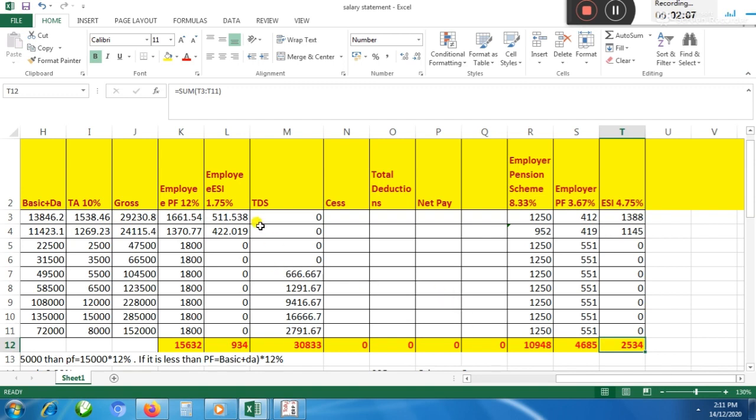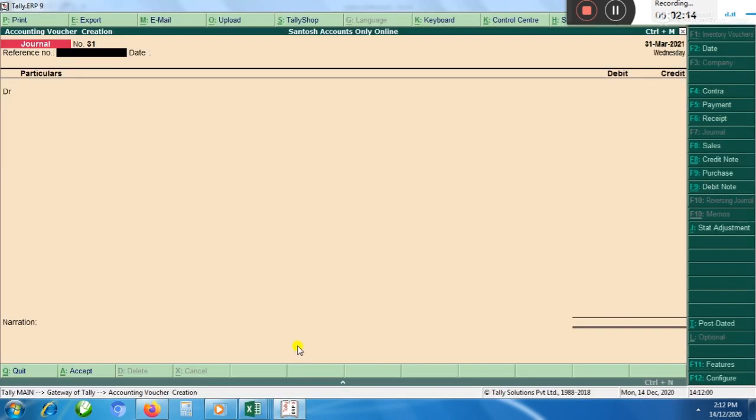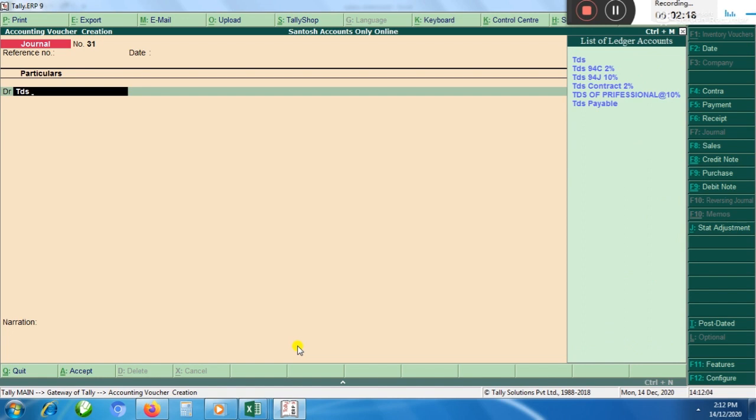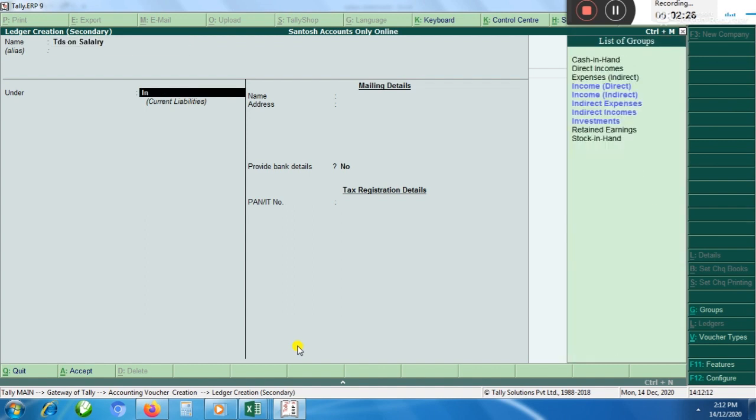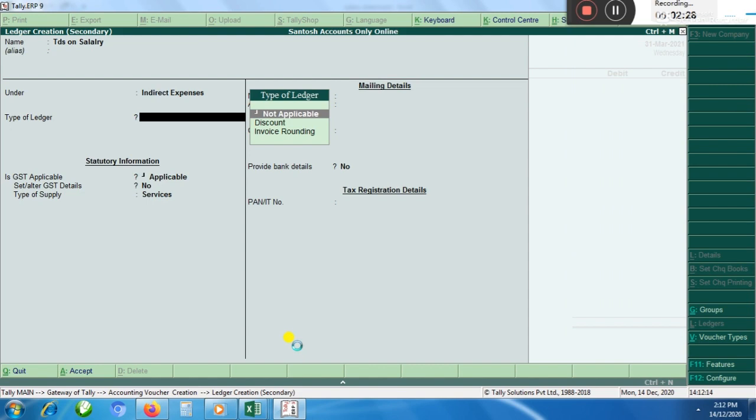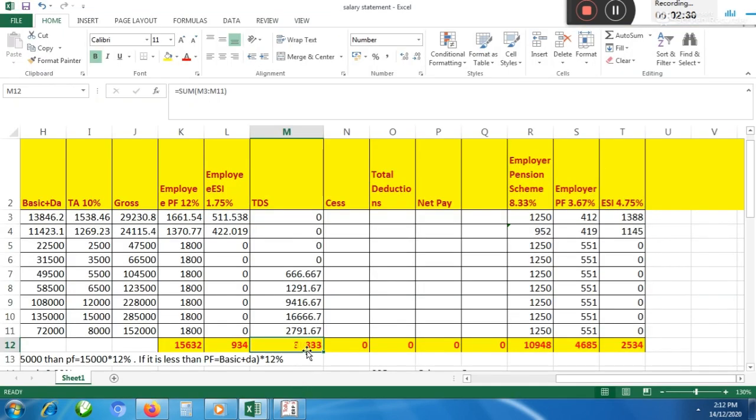Even TDS also, PF also, employer and employee PF you have to put, and TDS also. TDS on salary account debit, TDS on salary, indirect expenses. This is the net salary. You have to take it from here. Assume that this is, say, 50,000.